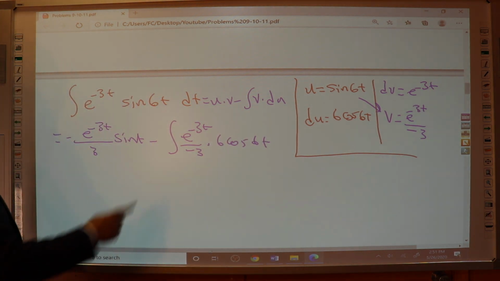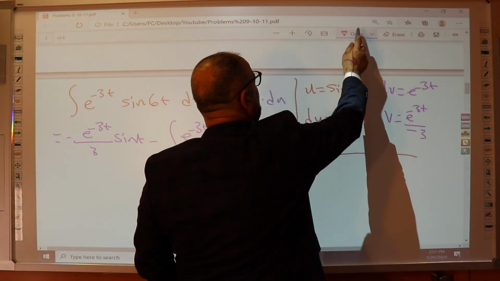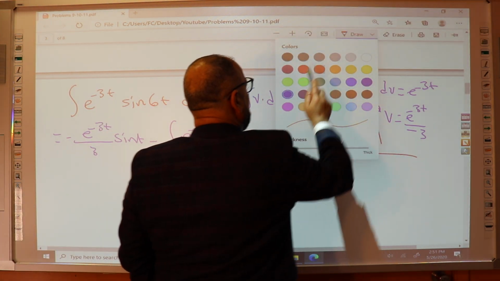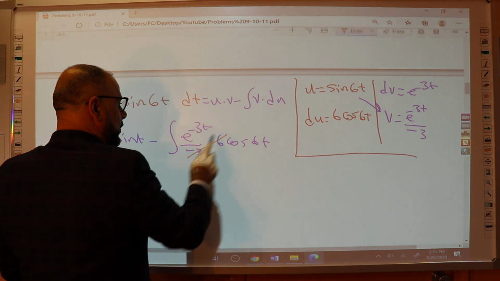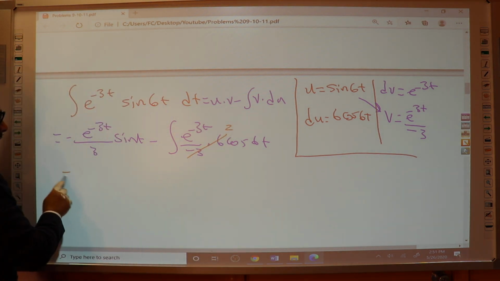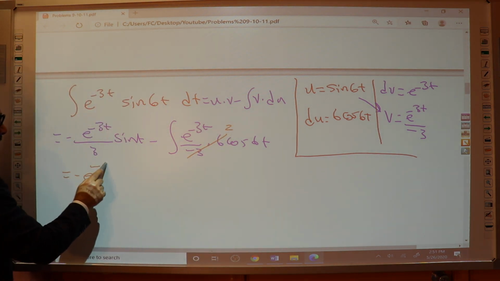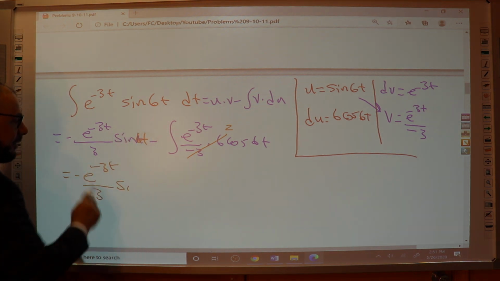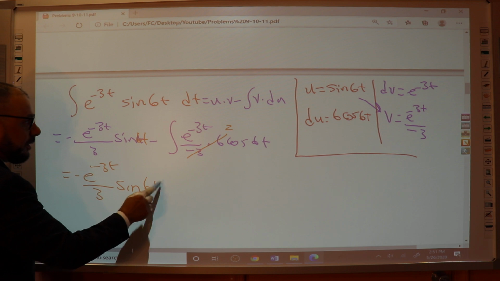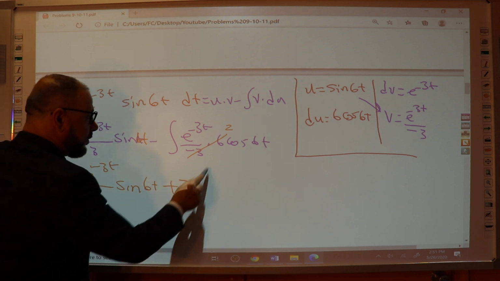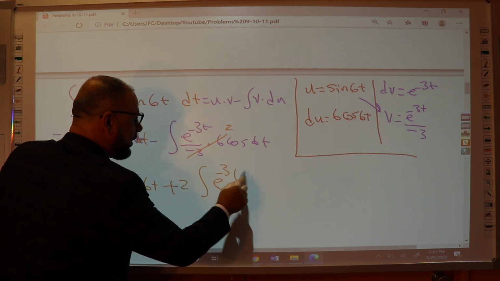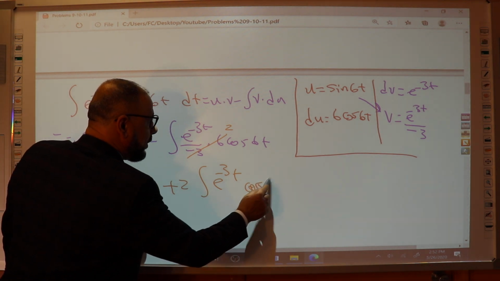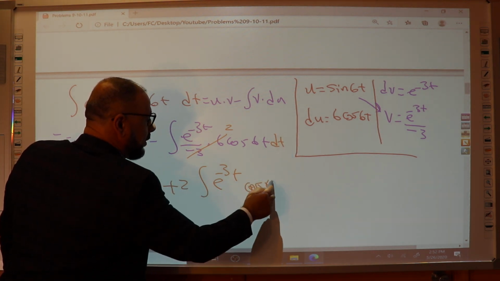This with this is going to cancel to be 2, and the 2 goes out: e to the negative 3t over 3 sine 6t plus 2 integration of e to the negative 3t cosine 6t dt.